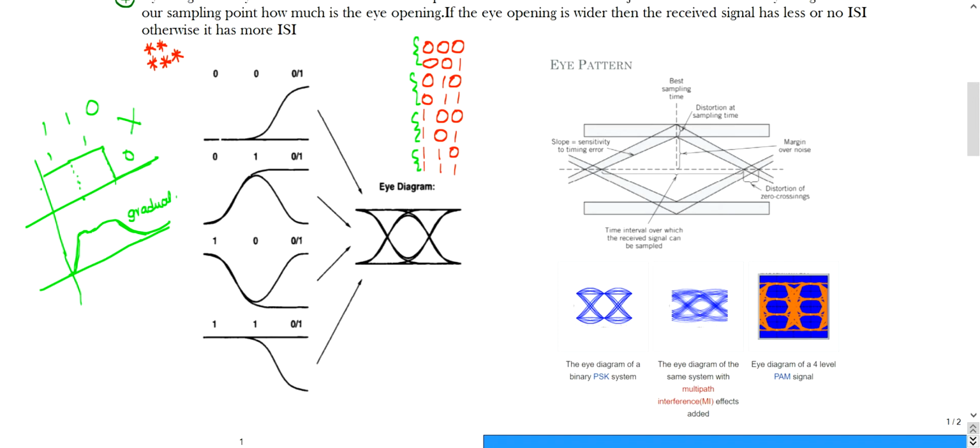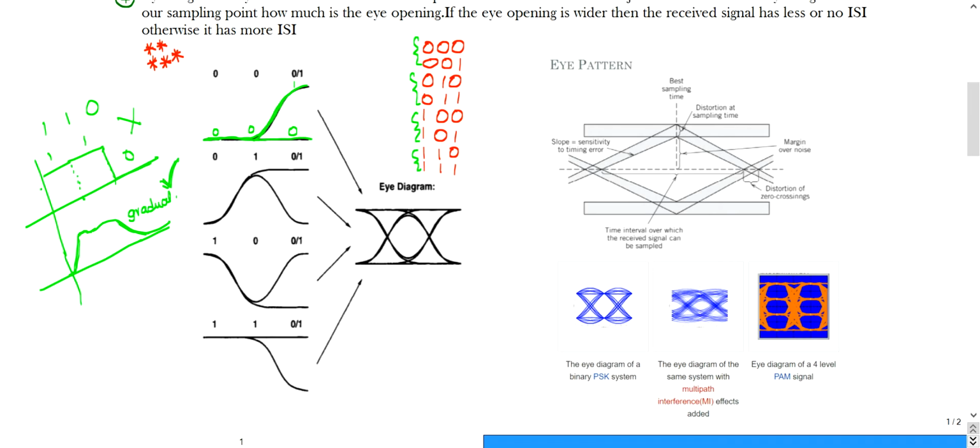I'm not following the ideal rule, I'm going for the practical, gradual one. For 000, it should be 0, 0, then finally 0, straight always, with no changes. For 001, it should be 0, 0, then a gradual increase to 1.